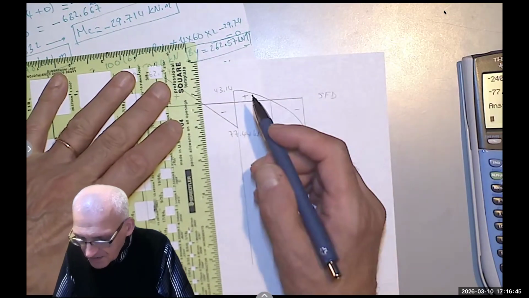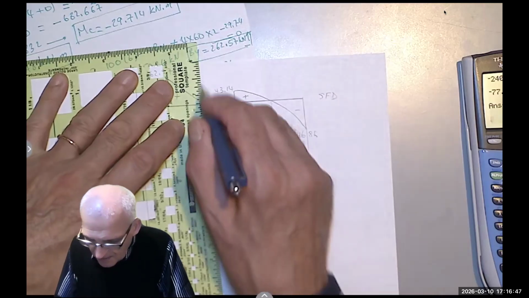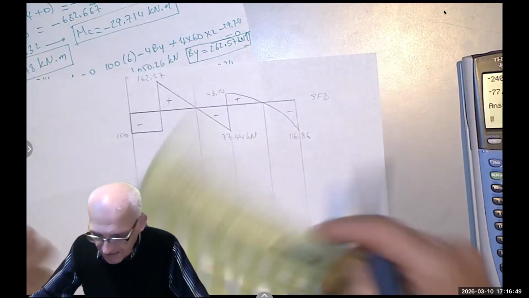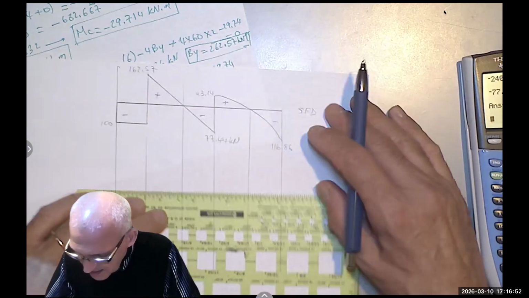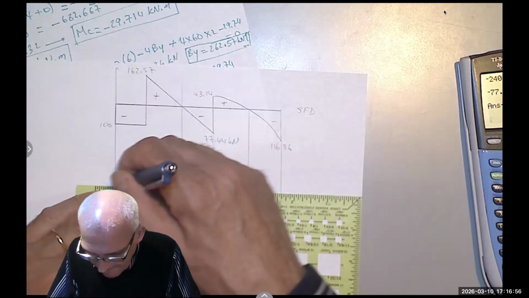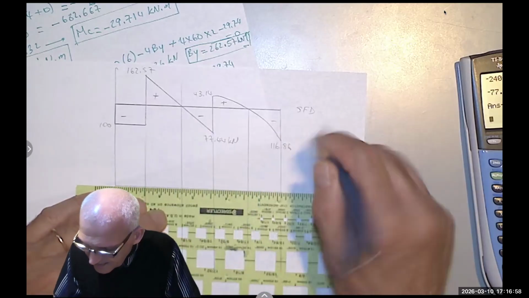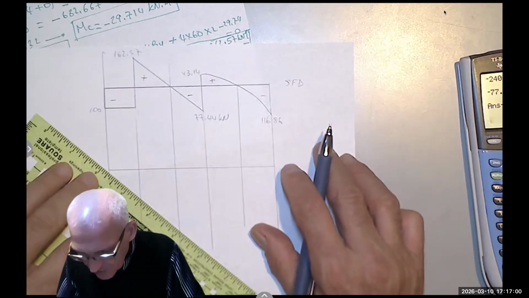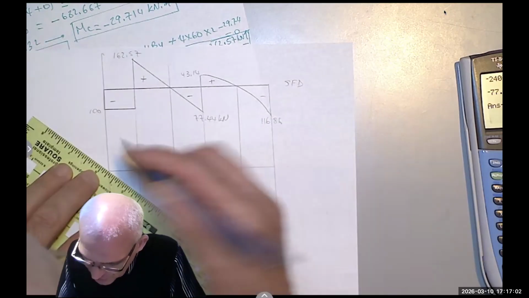Okay, so let's start. The shear is constant in the beginning at 100, meaning the integral would be linear. However, I will go from 0 to 200.